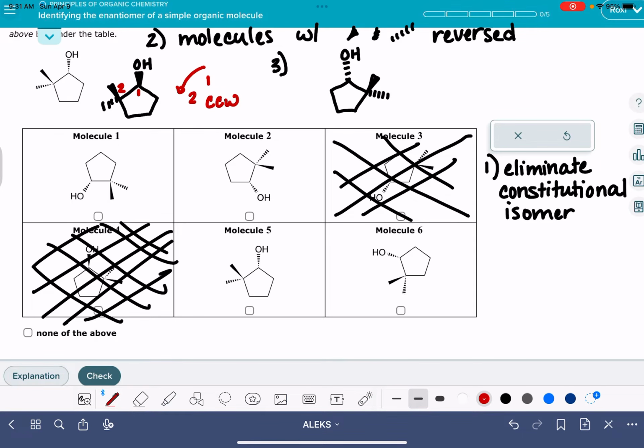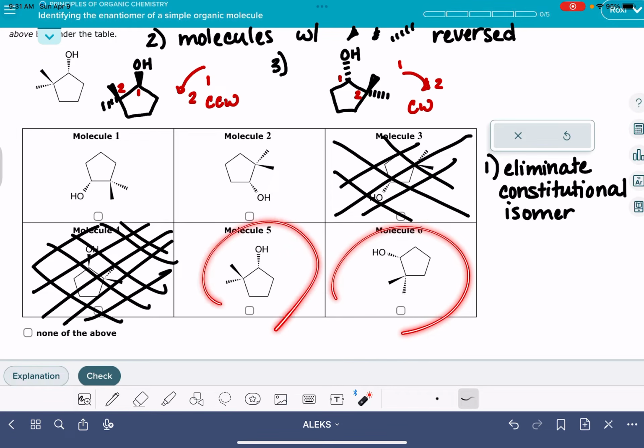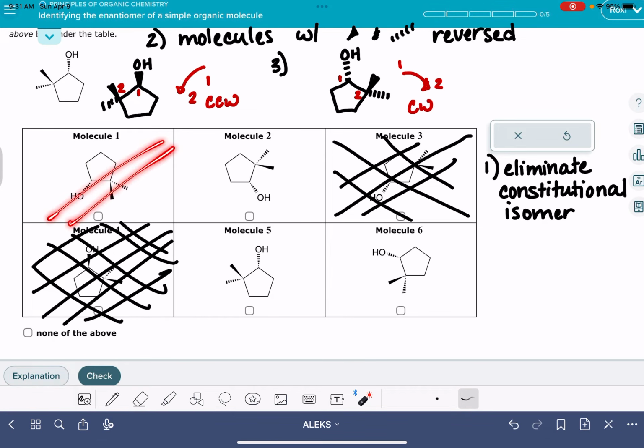This is where I start at carbon number 1 and go to carbon number 2 in a clockwise direction. So with these molecules down here, I'm looking for OH on the dash, yes, yes, yes, and yes. And I'm looking for the methyl groups to be clockwise. In this one, clockwise is this direction, so that is also not an enantiomer.